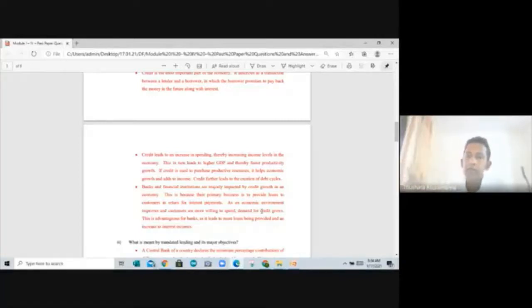From time to time, the central bank or the authorities might say curtail the credit growth or increase the credit growth, because you need to cover some liquidity and other support and control that. And credit growth basically supports consumption, savings, and investment in the bigger GDP equation. This is advantageous for banks as it leads to more loans being provided and an increase in interest income.